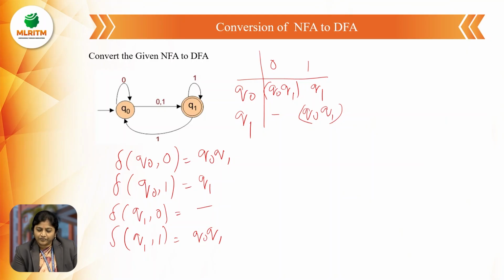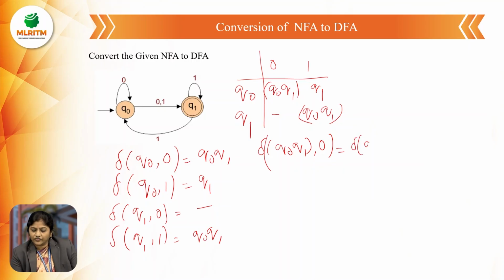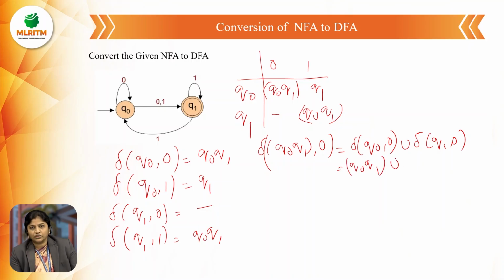Next, we'll find the transition of Q0, Q1 on 0. This is how we need to find it: first, the transition function of Q0 on 0 union the transition function of Q1 on 0. Q0 on 0 is Q0, Q1, union Q1 on 0, which is nothing. So this will be Q0, Q1.